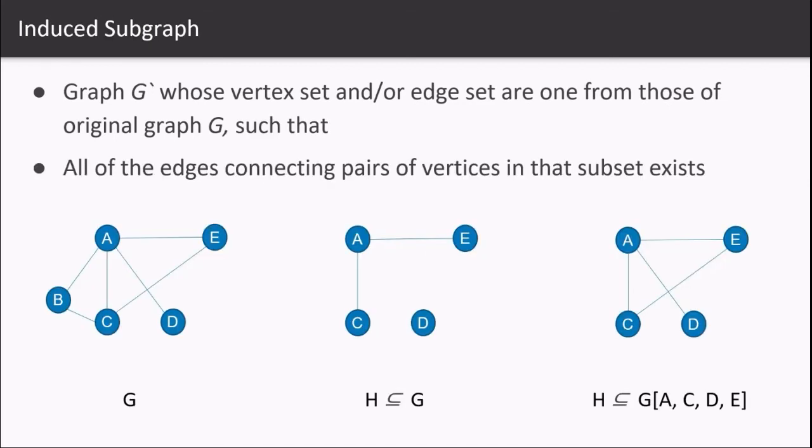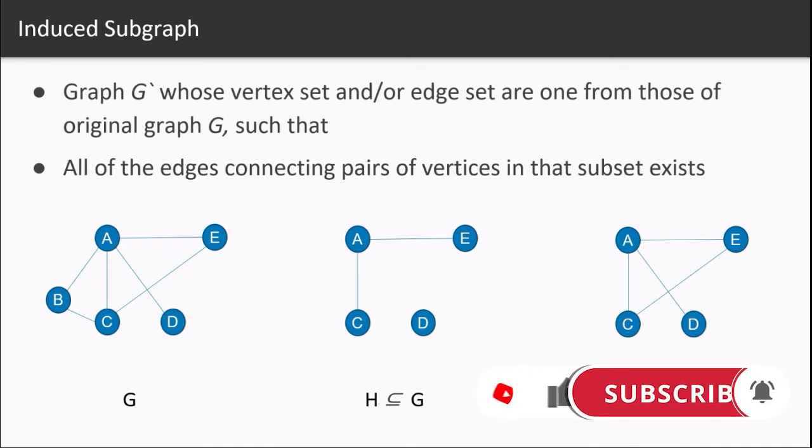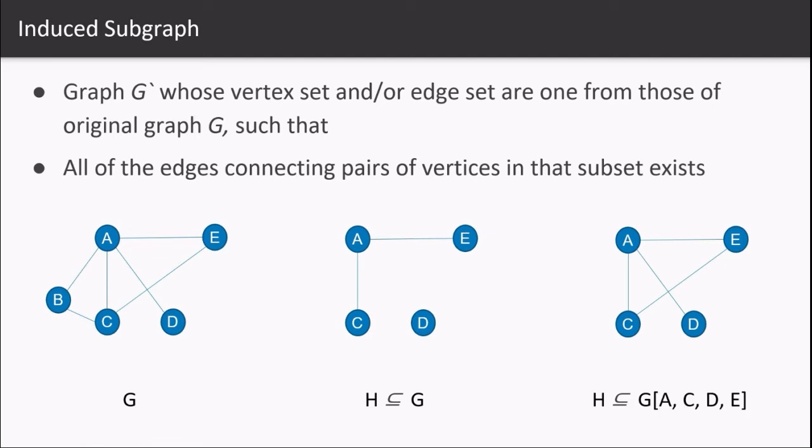An induced subgraph G dash has vertex sets and/or edge sets taken from the original graph G, such that all of the edges connecting pairs of vertices in that subset exist. The graph in the center is a subgraph of G, but it is not an induced subgraph of G because it does not contain all the edges of the shared vertices.